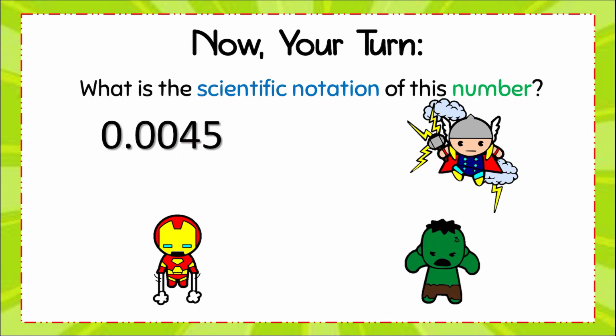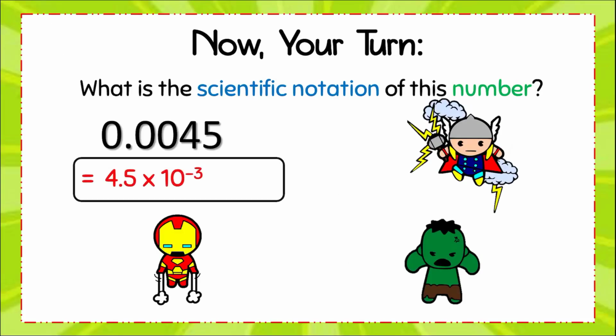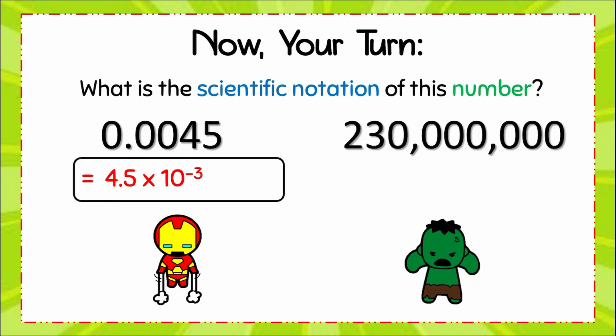So 4.5 times 10 to the power of how many places that you changed? 1, 2, and 3, right? So times 10 to the power of negative 3. Remember, small number, it will be a negative exponent, from small to big, because you change the decimal here. Next, let's see the next one.